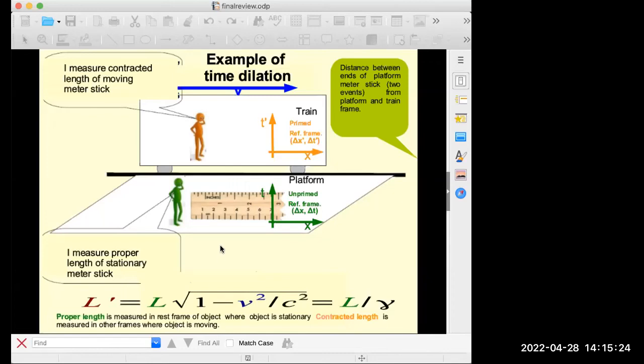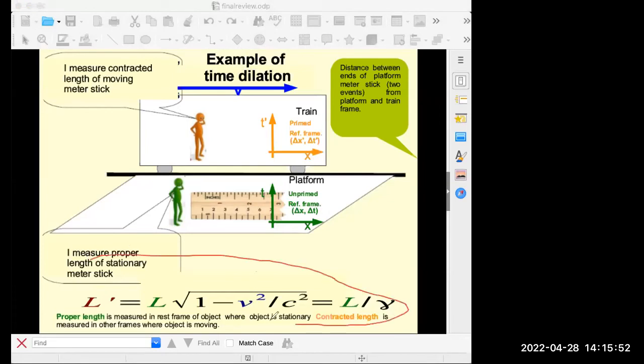So if we imagine a station meter stick at rest on the platform, the pedestrian sees what we call the proper length of the meter stick, and the passenger in this train that's moving sees a moving meter stick, will see a contracted length of the meter stick. So that's length contraction. And then again, there's an equation for that length contraction effect.